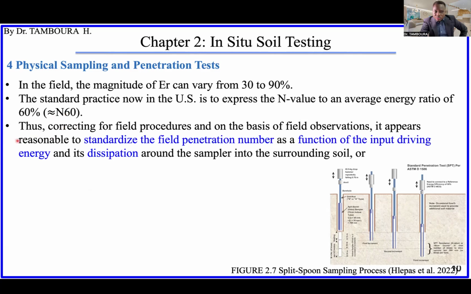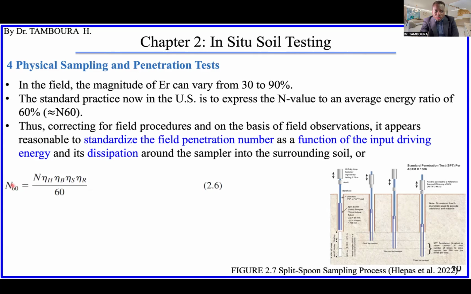Correcting for the field procedure and on the basis of field observation, it is then reasonable to standardize the field penetration number as a function of input driving energy and its dissipation around the sampler into the ground.